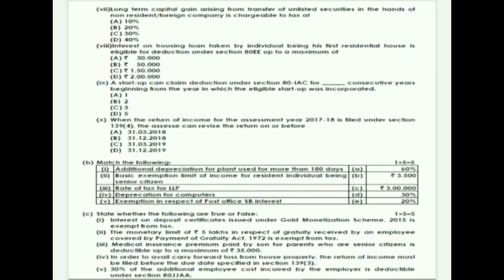Okay, now talk about the next question, number 8. Interest on a housing loan taken by an individual, being his first residential house, is eligible for deduction under section 80EE up to a maximum of what? Well guys, it's good news if you plan to purchase a home. Under section 80EE, a tax benefit for the first-time home buyer, income tax deduction can be claimed on home loan interest.